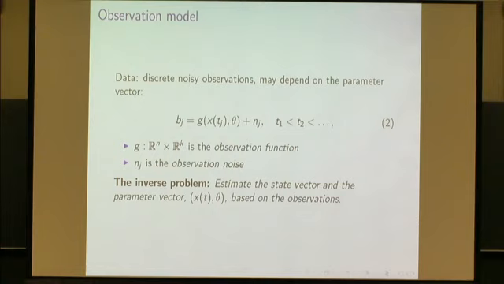And so the inverse problem, simply stated, is that if we want to follow the evolution of the vector, we want to estimate the state vector, and certainly we want to estimate the parameter vector. Depending on where you shine the light, you might go for a state estimation, or you might go for a parameter estimation.